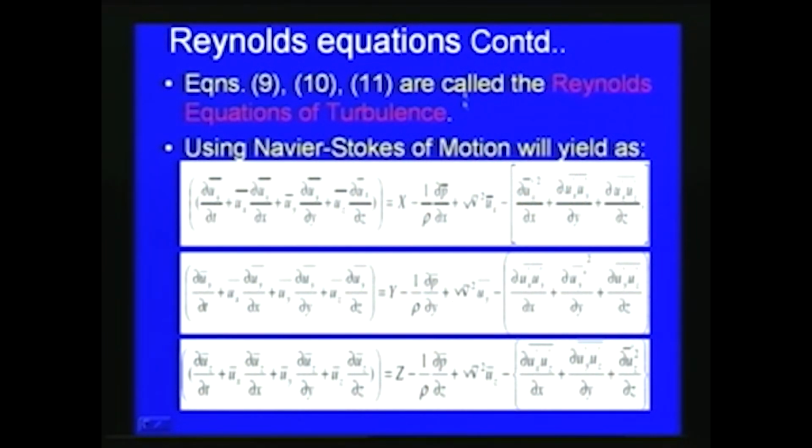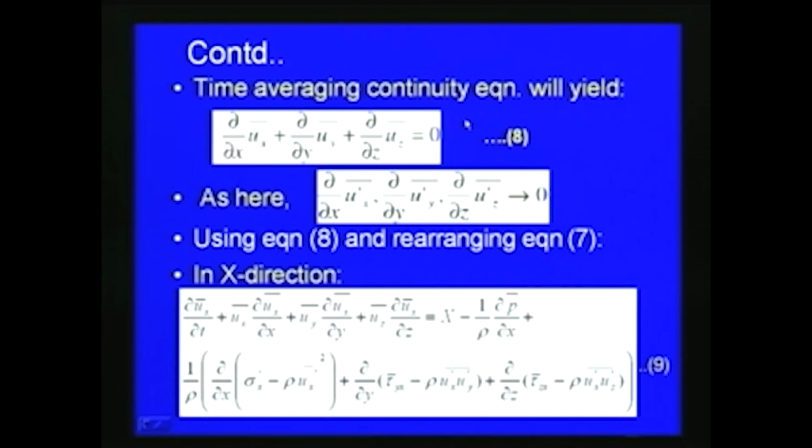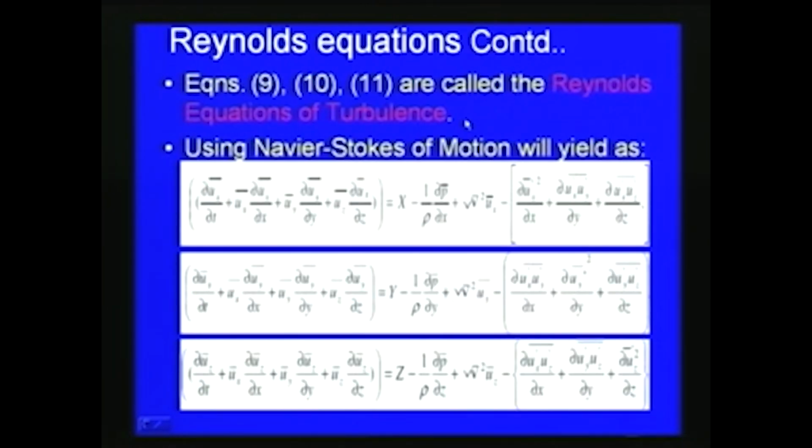But here, as far as turbulent flow is concerned, the basic equations are the Reynolds equations of turbulence, equations 9, 10 and 11, as we have already seen. These equations are called the Reynolds equations of turbulence, which are the basic fundamental equations of turbulence.